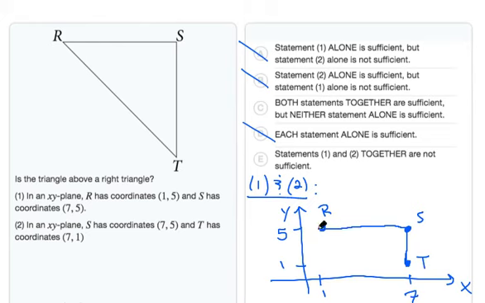If this is completely horizontal and this is completely vertical, we can conclude that that's a 90-degree angle, forming our right triangle RST. So both statements together are sufficient, since this line would be horizontal and this would be vertical, and they would form a 90-degree angle. So our final answer choice is C. Both statements together are sufficient, and we can eliminate answer choice E as well.